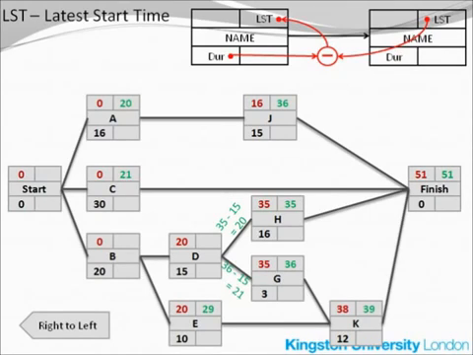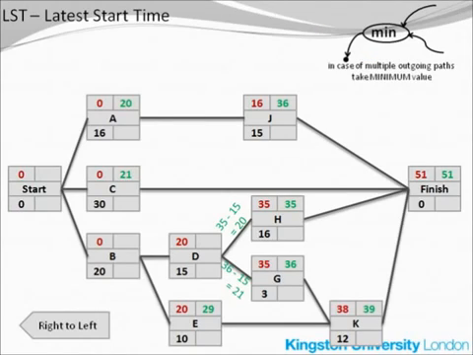The latest start time of activity D could either be 20 to be in time for starting activity H, or 21 to be in time to start activity G. Because we are talking about the latest start time, this time, as you probably guess, we should take the minimum of these two values. As you can now see at the top of the screen, in case of multiple outgoing paths, always take the minimum value. The minimum in this case is 20, and this is the latest start time for activity D.